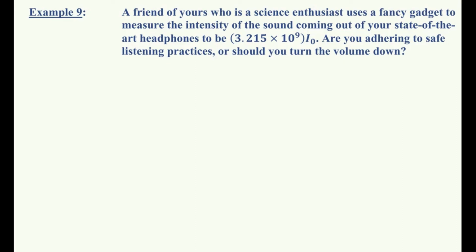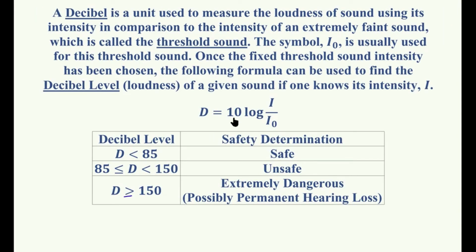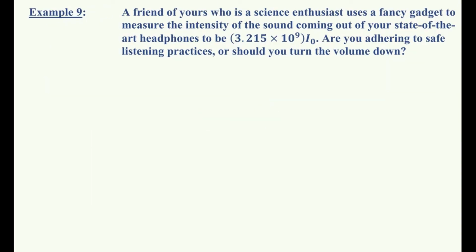So just to remind you, let's take a look at that formula again. It's a simple formula. D equals 10 times the log of that quotient. So we go ahead and write the formula down. D equals 10 times the log of I over I0. Notice that the intensity is always given as some number times that threshold intensity.